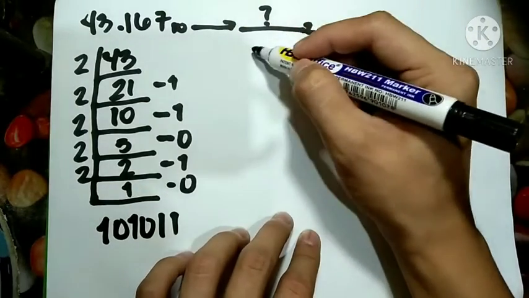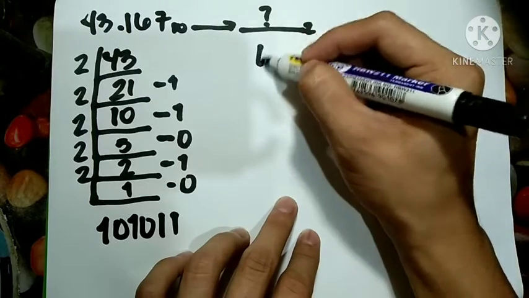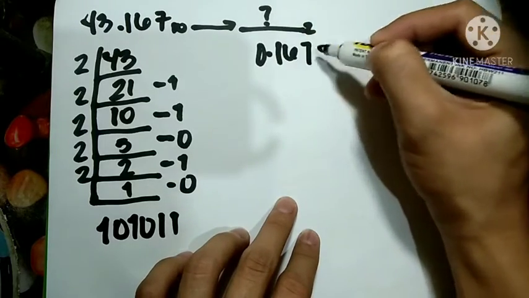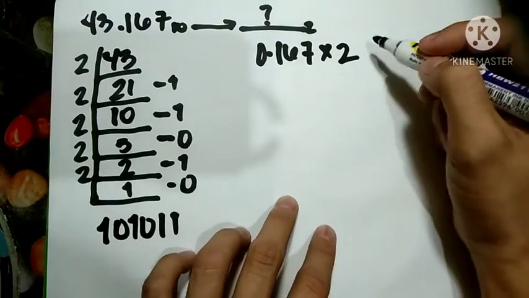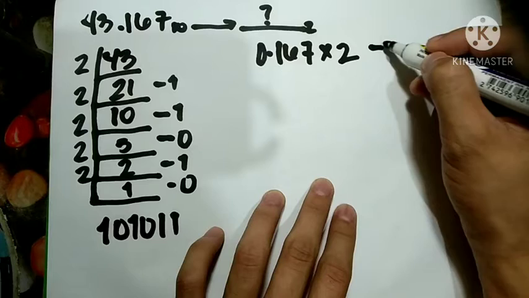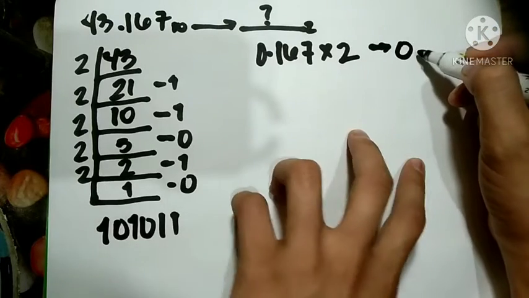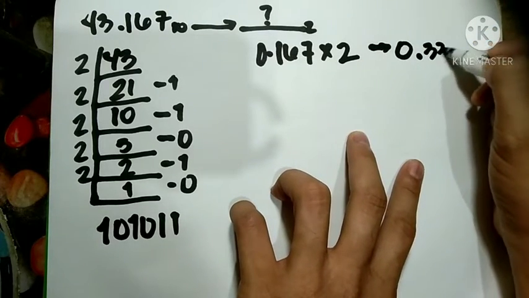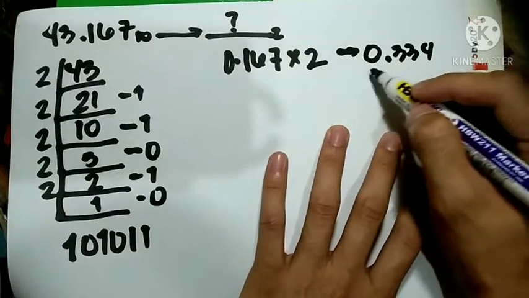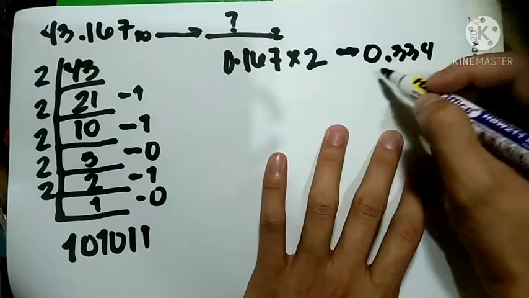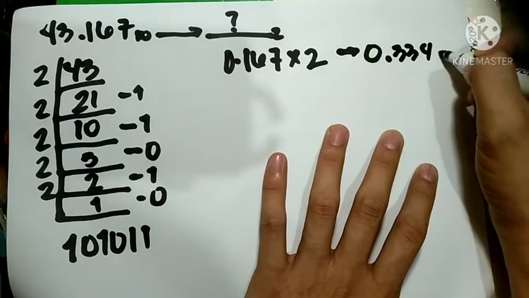Again, we will multiply this 0.167 by 2. And we will get the answer 0.334. Then let's write what is the whole number.